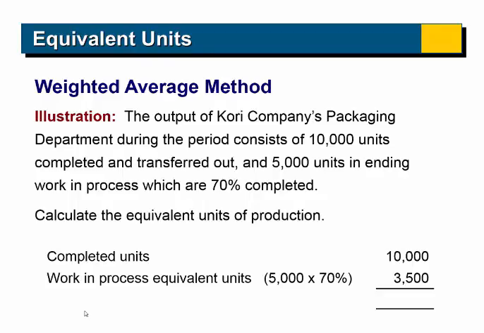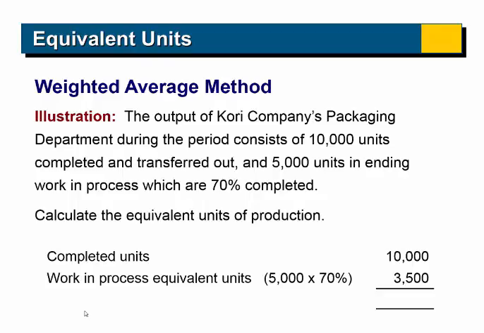But in helping us to assign the cost to what's going to show in the work in process packaging department per the balance sheet, we have got to calculate this number to help us figure out how much cost needs to still be attached to this particular work in process department, and then how much needs to be transferred out, possibly onto another department, another WIP department, or on to finished goods, which of course would then sooner or later become cost of goods sold.